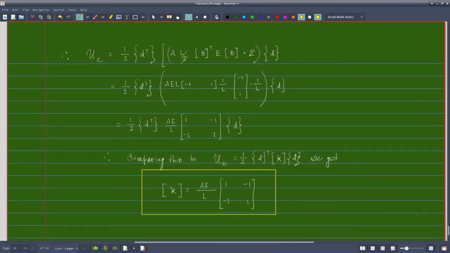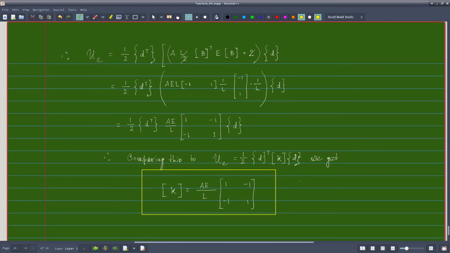We have seen how the classical Rayleigh-Ritz method can be used to approximately solve simple problems where the boundary condition and the geometry are simple enough. We have also used the two-noded bar element. We used the natural coordinate, which is a non-dimensional coordinate.